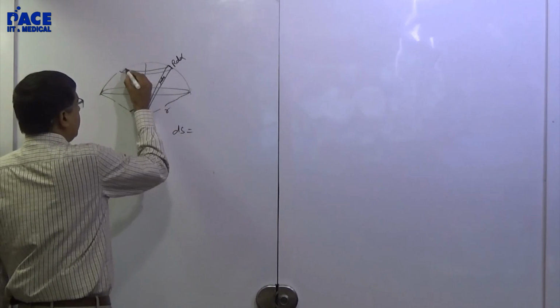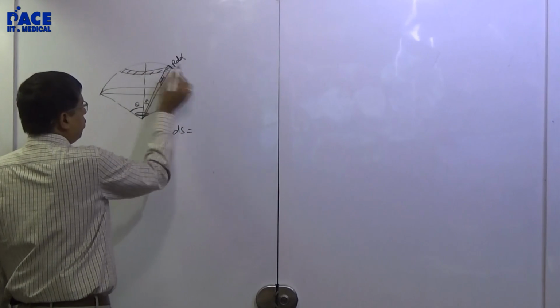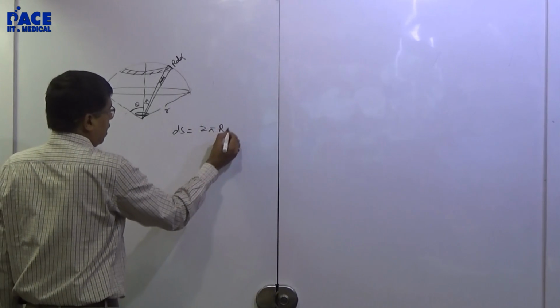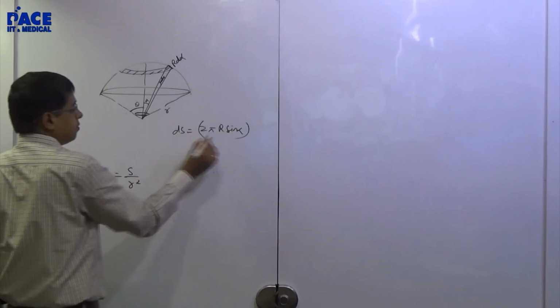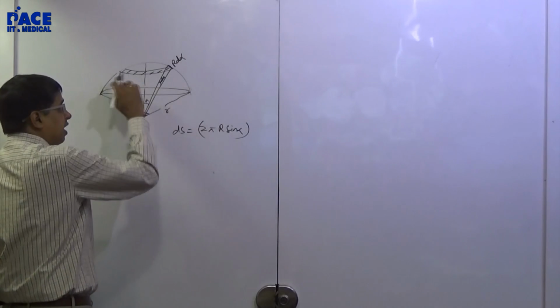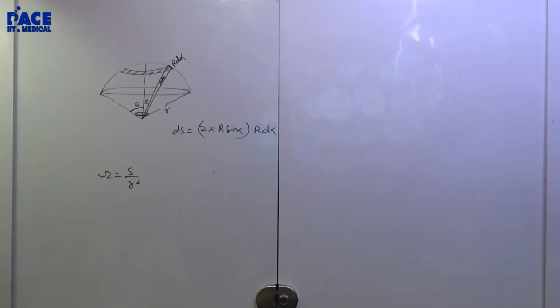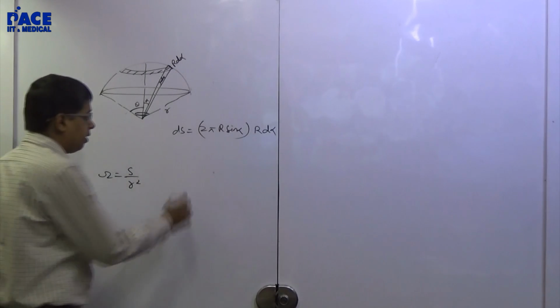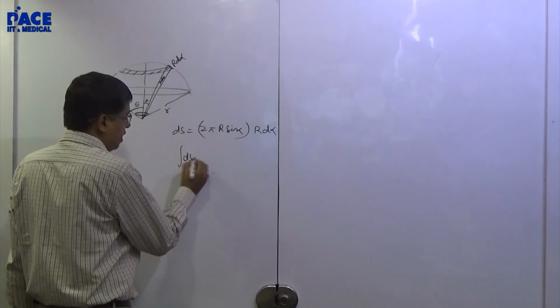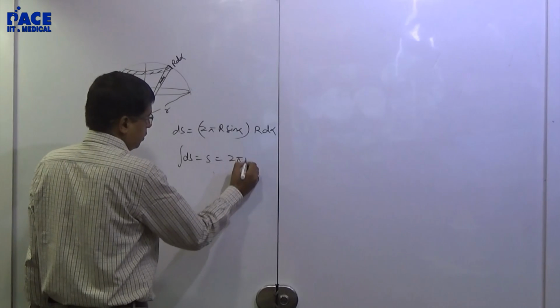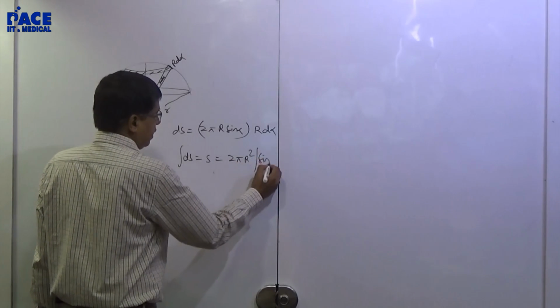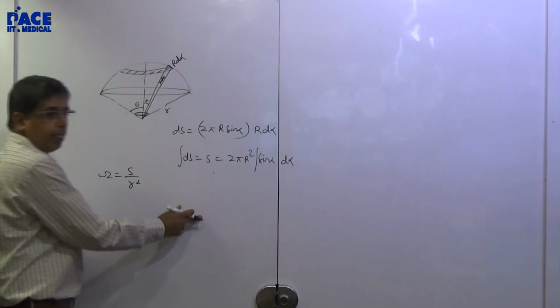ds will be the area of this strip. What will be the radius of this strip? R sin alpha. 2 pi r sin alpha will be the length. That into r d alpha thickness will give me the area. Integral ds will be S, 2 pi r square integral sin alpha d alpha.